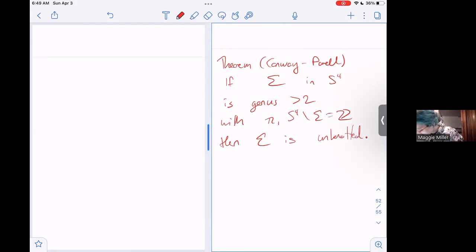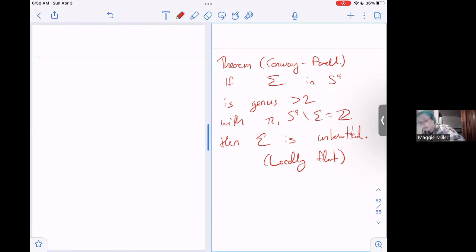So the genus 0 version of this is the theorem of Freedman. This is a well-known work of Freedman as part of his proof of the Poincare conjecture. For higher genus, it's more complicated.